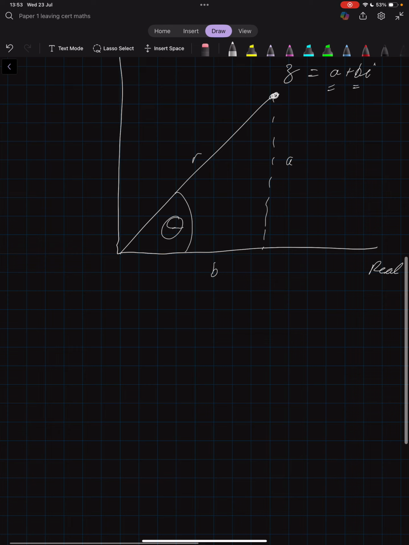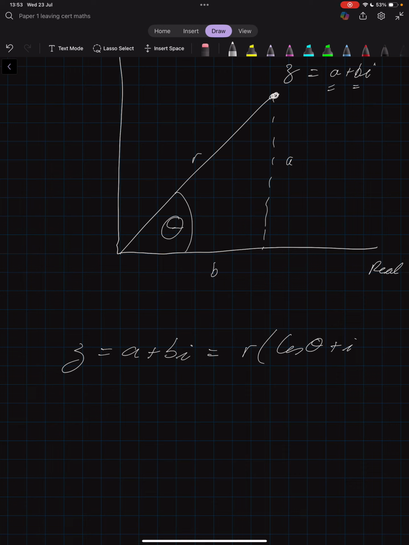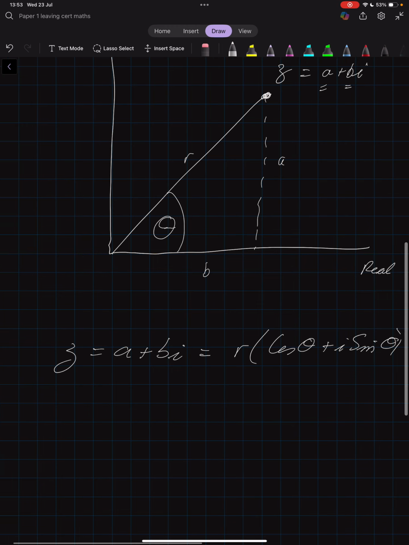So z, you can write it as a plus bi, but you could also write it as r cos theta plus i sine theta. Okay, now this might be very awkward right now, but a is just equal to r cos theta, and b is simply equal to r sine theta.